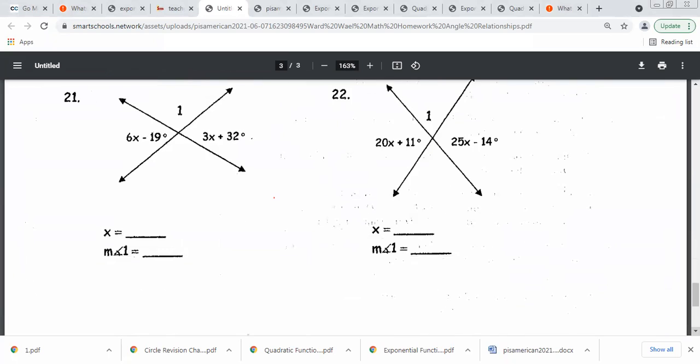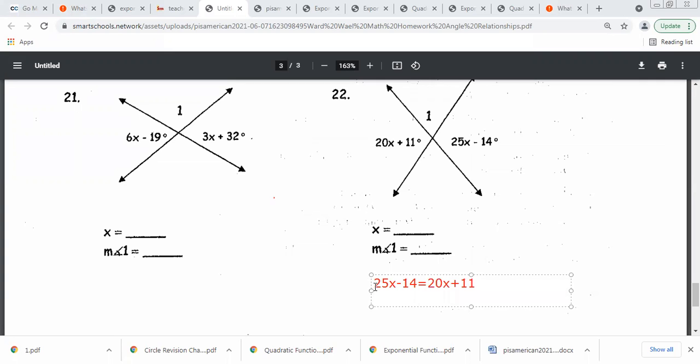The last question has the same idea with vertical angles. We will only solve the equation. Those two angles are equal in measure, which means 25x minus 14 will be equal to 20x plus 11.